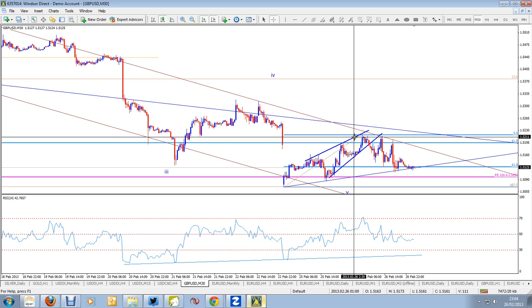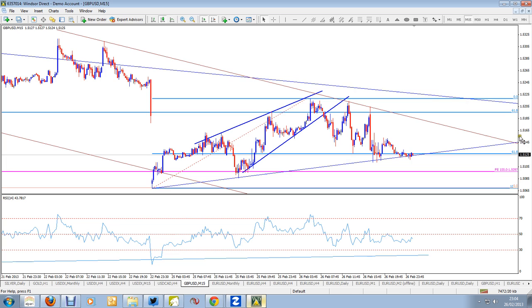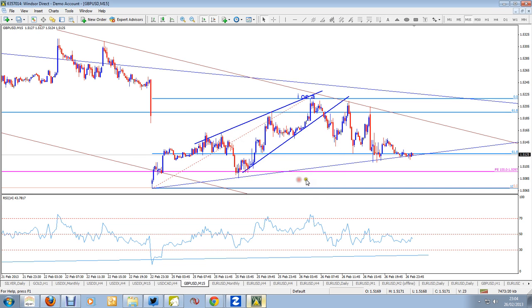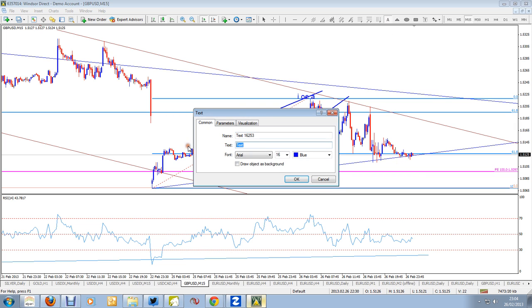So rising wedge can be A or it could be 1, and then currently retracing for B or 2. So potentially this one here is wave 1 or A, and then we'll get the same here, corresponding wave 2 or B.